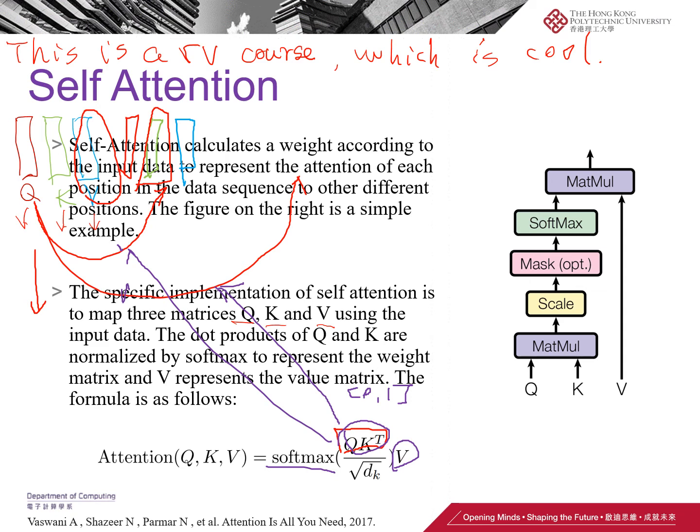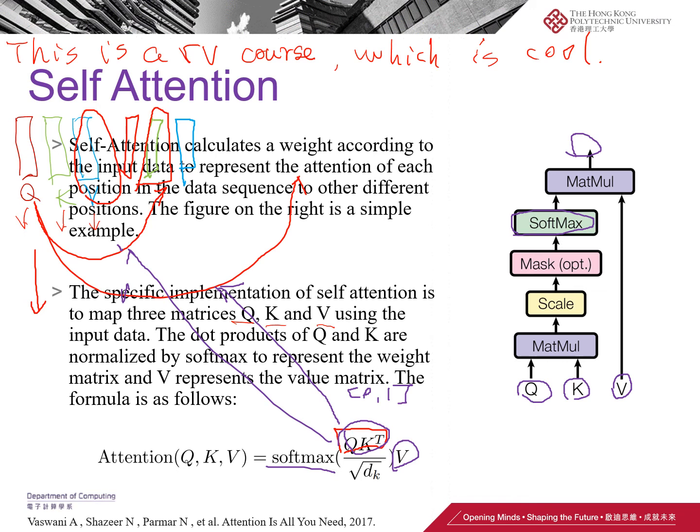Representing them in a figure, it will be like we calculate the correlation between the Q and the K. And finally, we use a softmax to regulate the weights. Then we multiply them back to the value representation of each word to generate a new one at the end. So this is called self-attention.